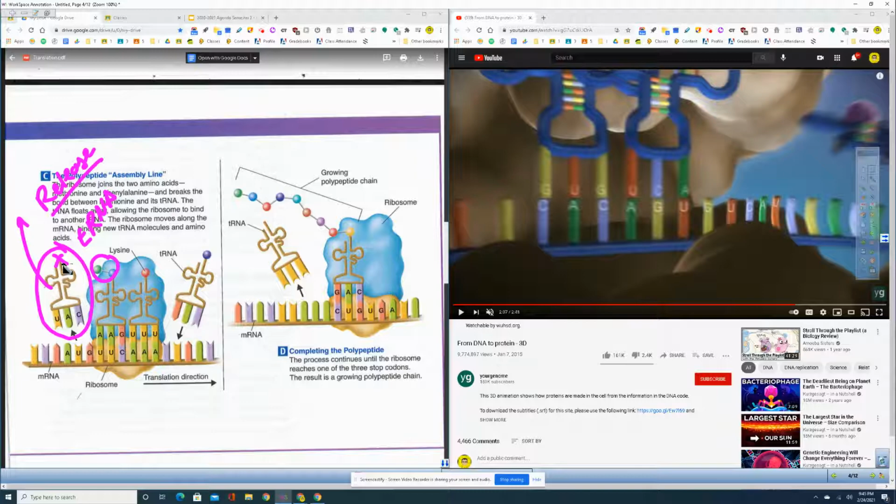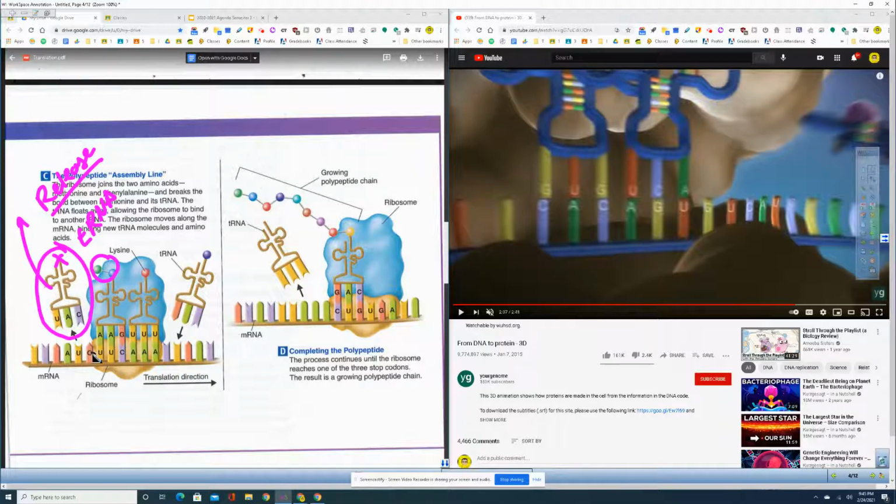It's like a taxi or an Uber dropping off its passenger at the airport. And so once it drops off its passenger, it's released and goes to the cytoplasm where it's going to pick up more methionine, so it can continue to deliver these methionines to the ribosome.